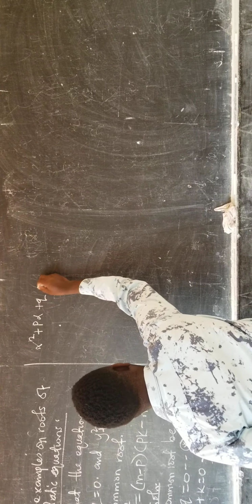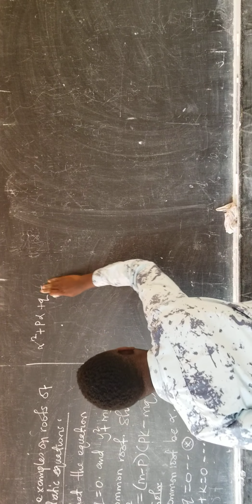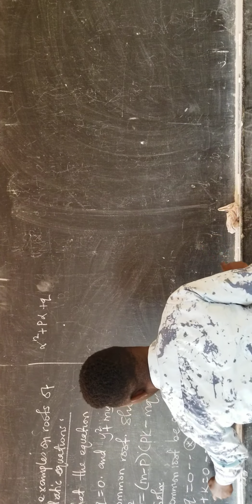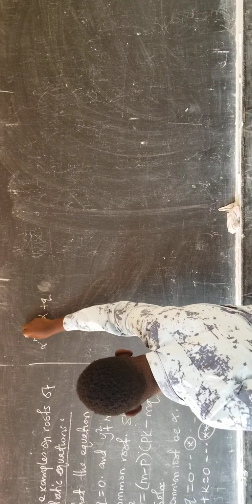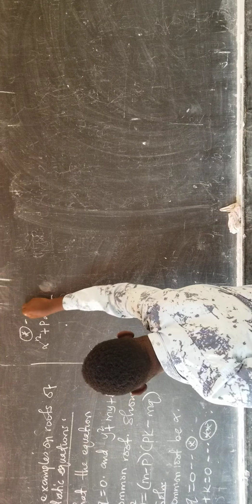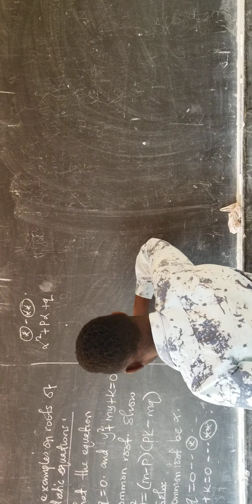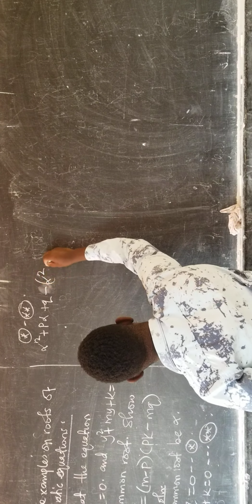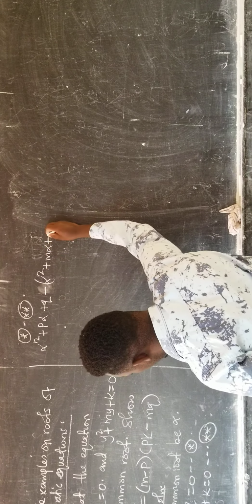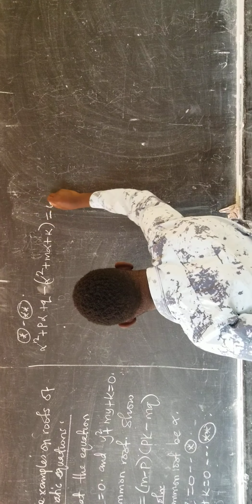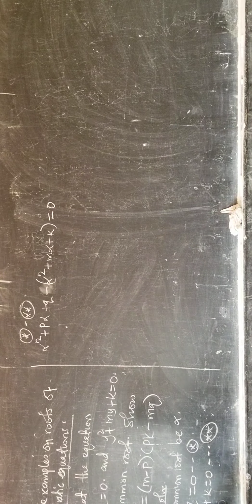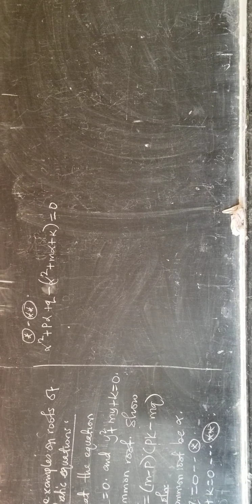In that case, I'll have alpha squared plus p alpha plus q minus alpha squared plus m alpha plus k. This one is still equal to 0, because if I subtract this side, even this side, I'll just get 0.